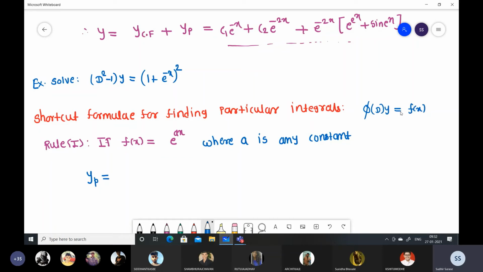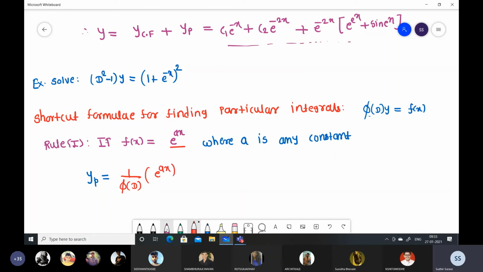This is your given differential equation. The auxiliary equation is nothing but phi of D. So yp is 1 upon phi of D, our inverse differential operator method, operating on the right hand side, that is e to the power ax.